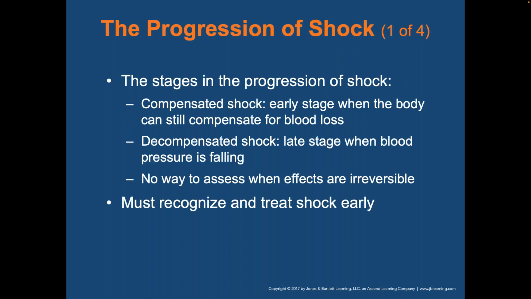So the progression of shock, there are different stages. We have compensated shock. In the early stages of shock, the body can still compensate for blood loss. Signs and symptoms of this would be agitation, anxiety, restlessness, and the feeling of impending doom. Altered mental status, weak, rapid, thready, or absent pulse.